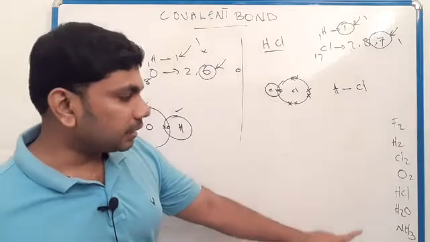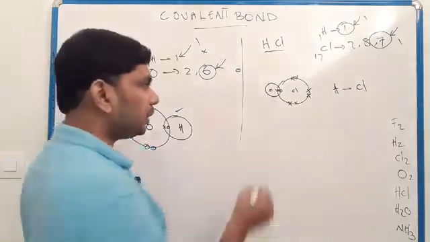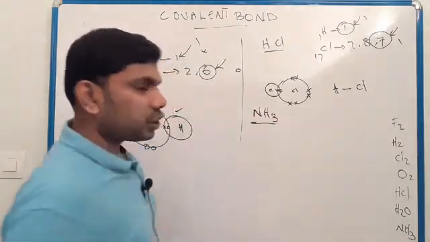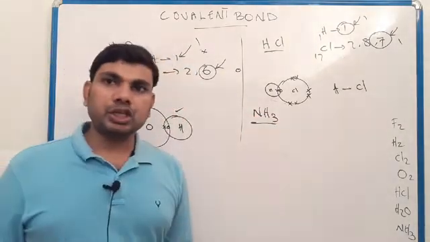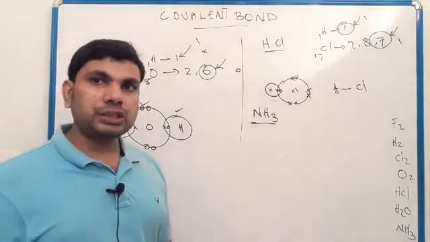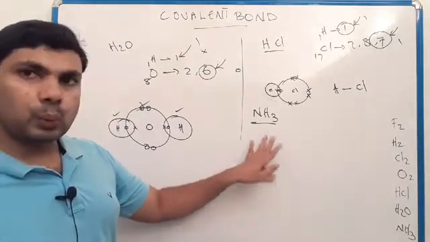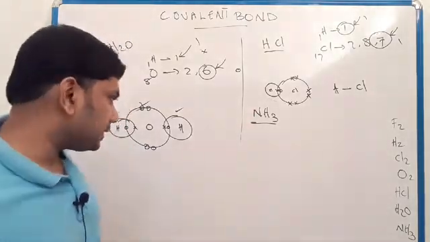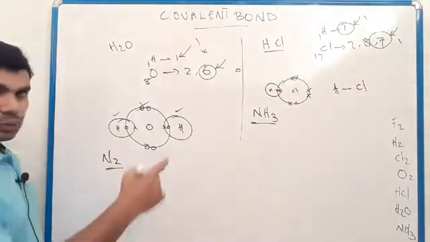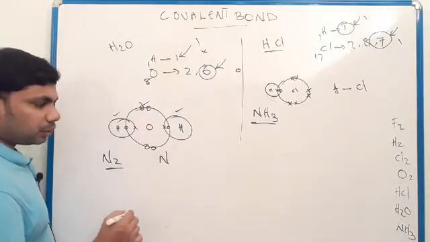See here another example, NH3. NH3 means ammonia. Before doing NH3, let us do first N2. After N2 we can do NH3. N2 means nitrogen molecule.